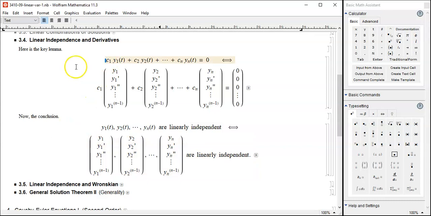The key lemma was this. If the linear combination of the original functions y1 through yn is constantly equal to 0, then the linear combination of these column vector functions is constantly equal to 0. Those two are equivalent. And how did we prove it?